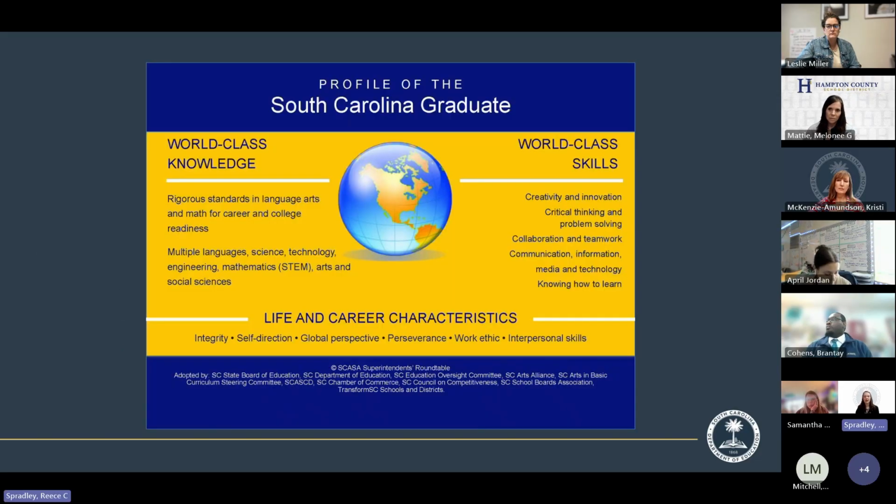So this is the profile of the South Carolina graduate. It's something that you guys are probably familiar with, to prepare our students to be ready for college, career, and military readiness as they go out into the world. In the chat, could you drop where you think you see social studies within this graphic?